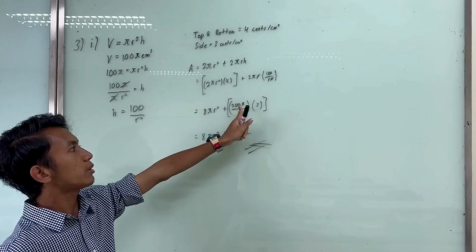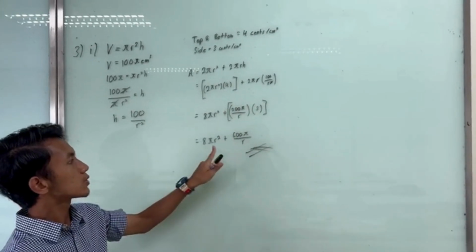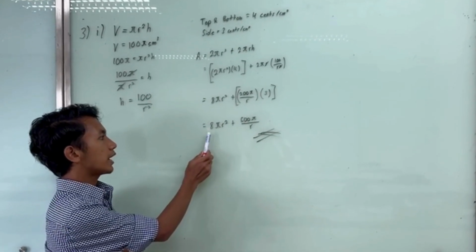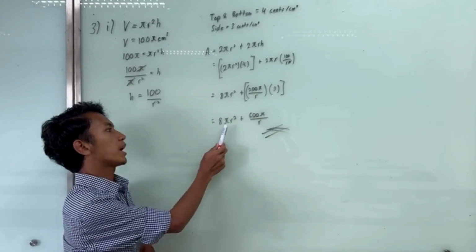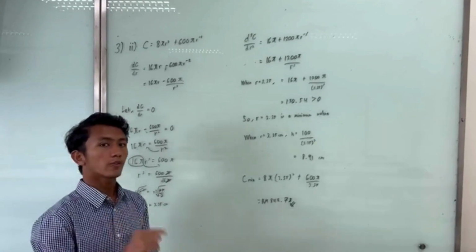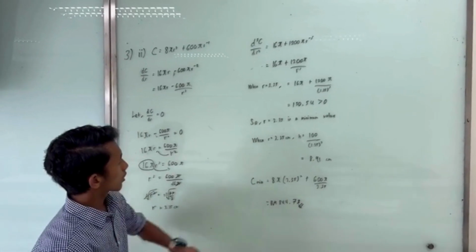Next, we multiply 200 pi over r by 3 because that is for the side. So it is proven that the cost is 8 pi r squared plus 600 pi over r.